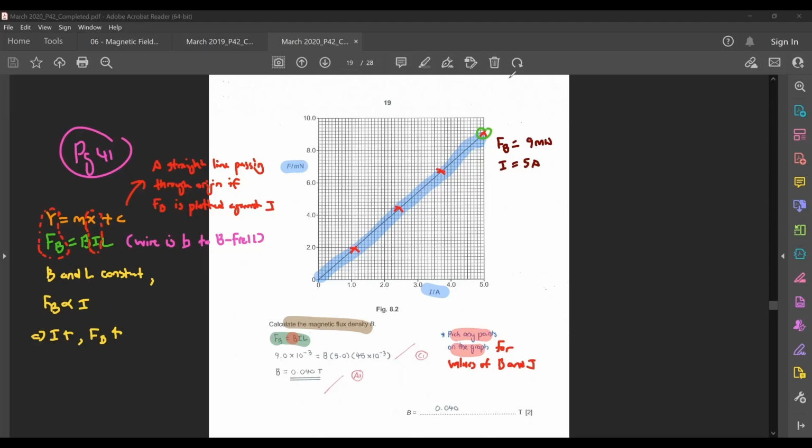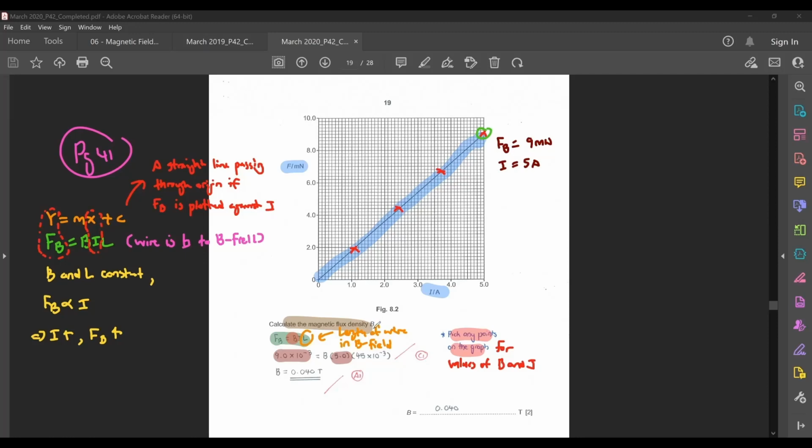Okay, so you have the value of magnetic force as well as current right now, but you're missing the value of your length. Remember that when you use this equation, this length here is the length of wire in the magnetic field itself.